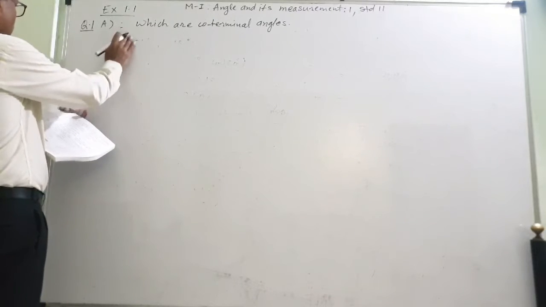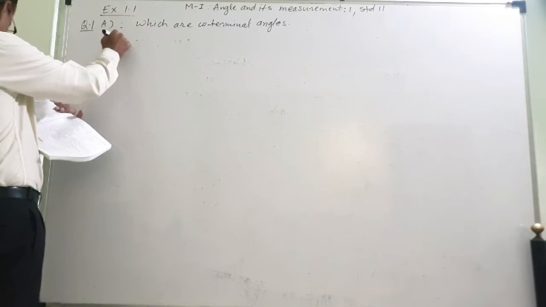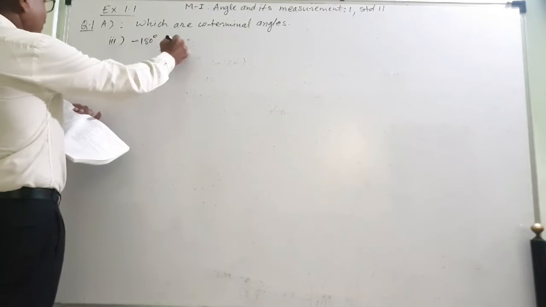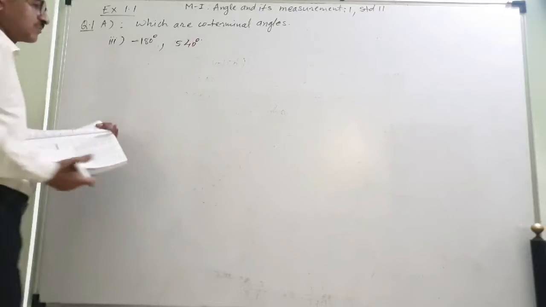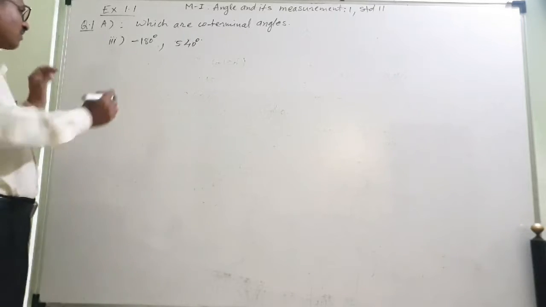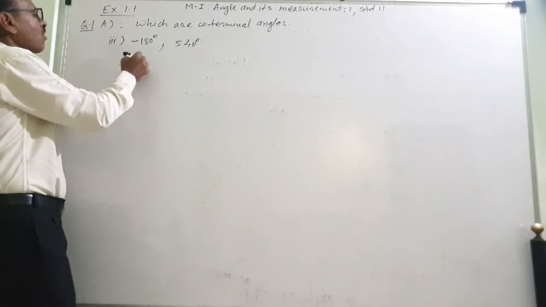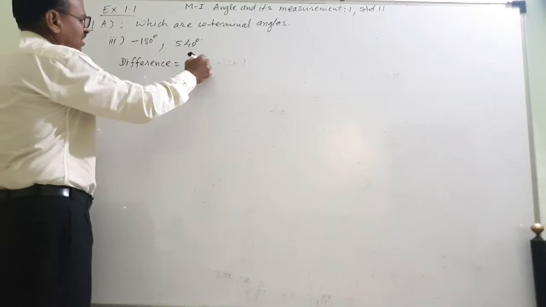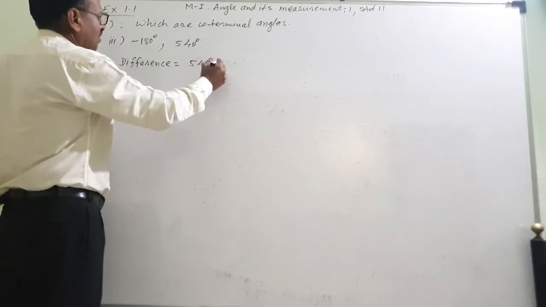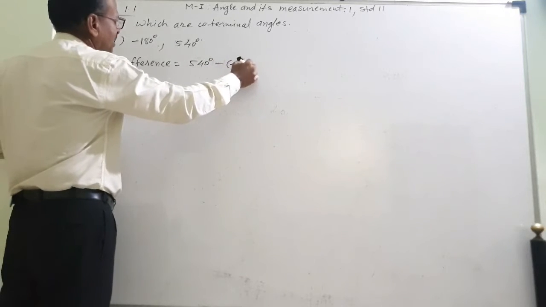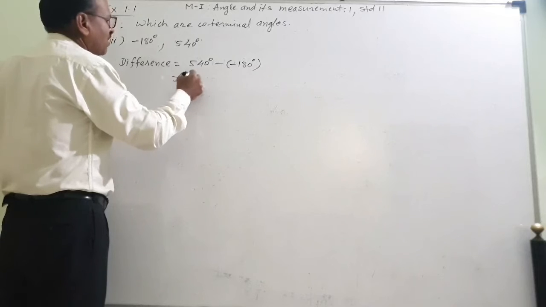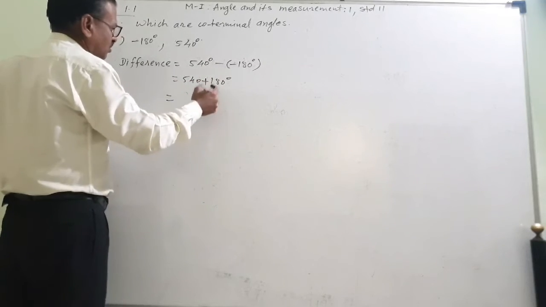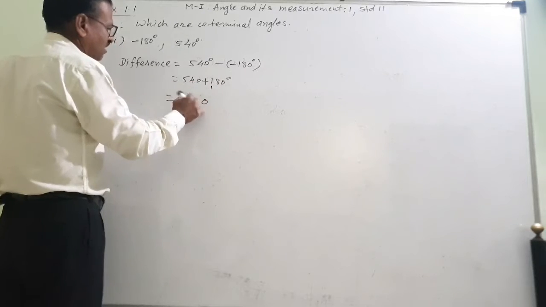Third sum, minus 180 degrees and 540 degrees. Difference is equal to 540, the bigger, minus the smaller, minus 180 degrees, that is equal to 540 plus 180 degrees, that is equal to 720.